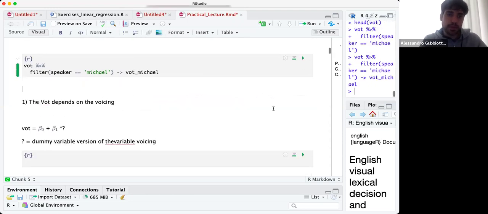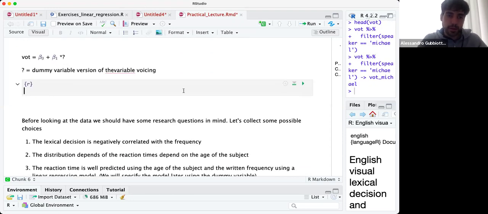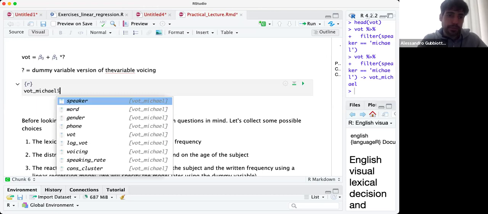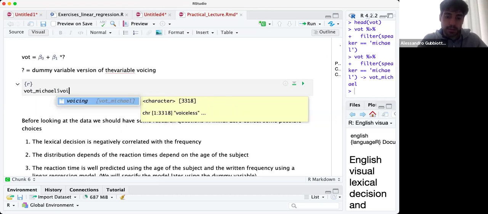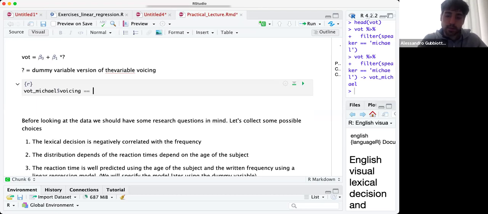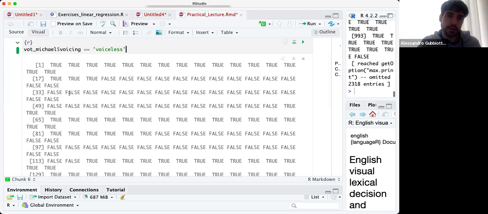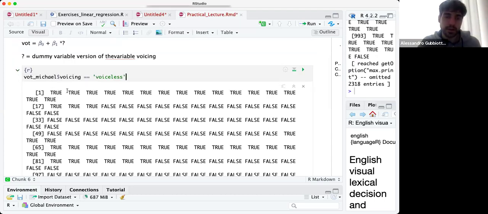We have it saved in memory, and we define: we take the variable voicing, and if it is equal to voiceless, this command gives us a vector that puts true or false depending on whether the row has a voiceless or a voiced consonant.